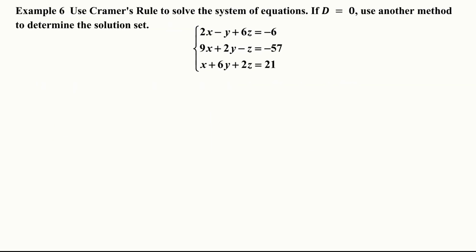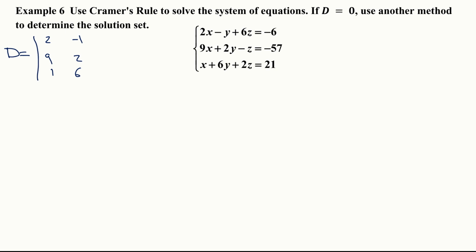Okay, so before we waste a lot of time setting up a bunch of fancy determinants, let's go ahead and make sure that the main determinant D is not 0. So D is going to be 2, 9, 1. I'm going to be reading the columns, right? Negative 1, 2, 6.